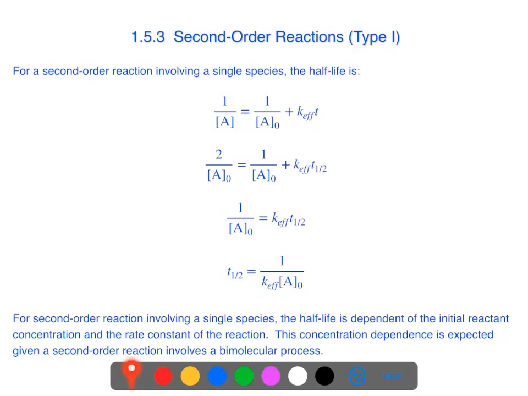So in summary, for a second order reaction involving a single species, the half-life is dependent upon the initial reactant concentration and the rate constant of the reaction. This concentration dependence is expected given a second order reaction involves a bimolecular process. It involves 2 molecules. And so we would expect that when we have a high concentration of the reactant, the half-life will be quite small, meaning we have that sharp initial decrease early on in the reaction.